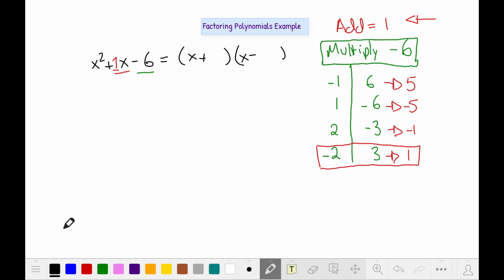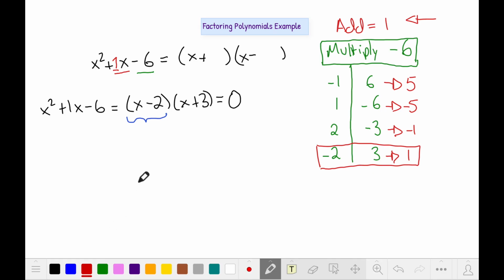So what is that going to look like? That means that our polynomial is going to look like x minus 2, x plus 3. And remembering that when we're factorizing, it's very important that everything be equal to 0. Because the reason we can solve in the first place is because we're using that logic that the only way to get a multiplication to give you 0 is if one of those numbers is 0.